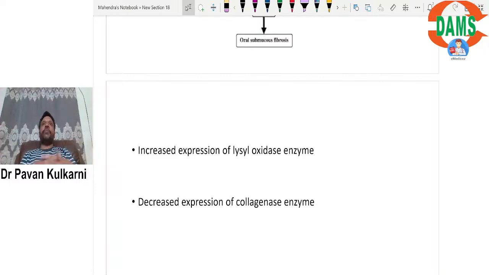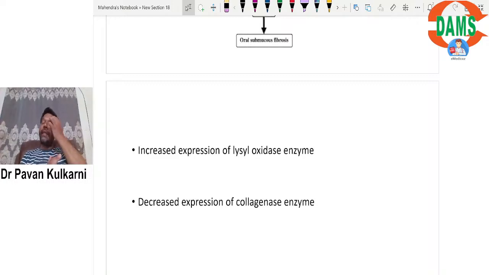What will this lysyl oxidase do? It will cause cross-linking of the collagen. So which enzyme is down-regulated? We can say regulation or expression. Down-regulation of the collagenase enzyme takes place in OSMF.